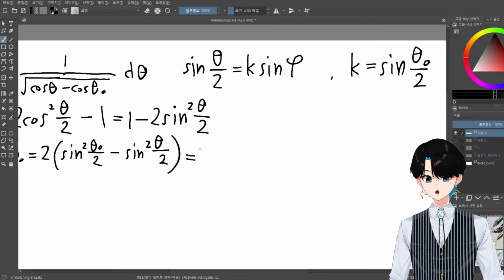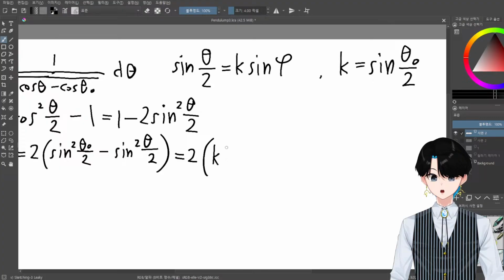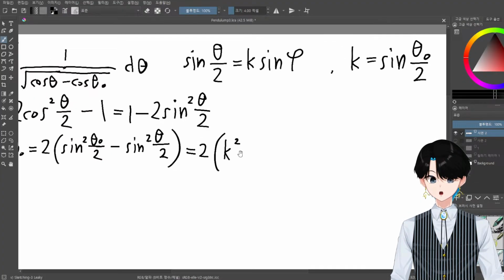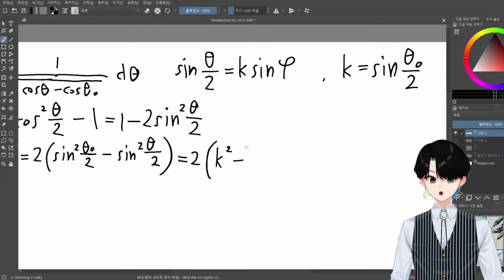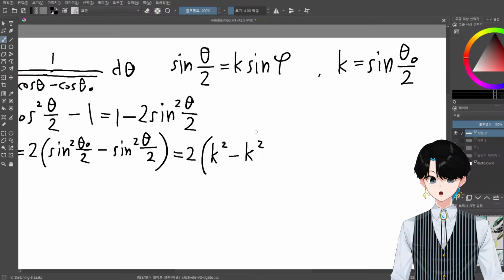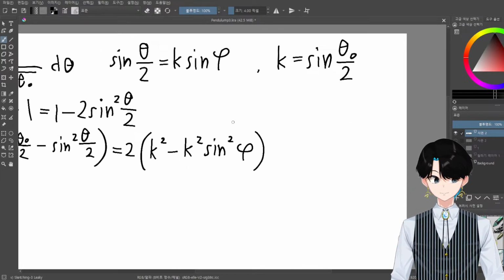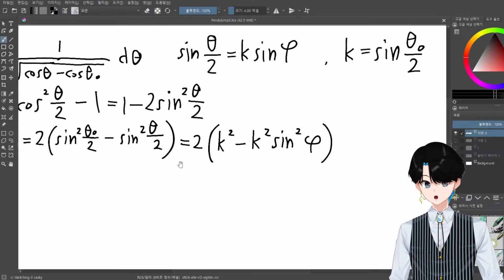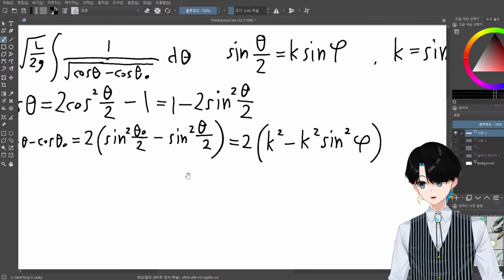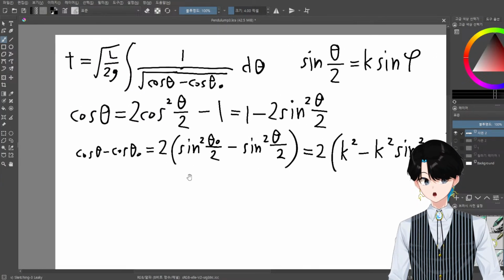So 2k squared minus, okay, sine theta over 2 is equal to k sine phi. So the square of k sine phi is k squared sine squared phi. And now I realize, hey, this is kind of looking similar to the one that we have seen in the Jacobi elliptic function. And yes, this is exactly what we're going for. This is exactly what we're doing.